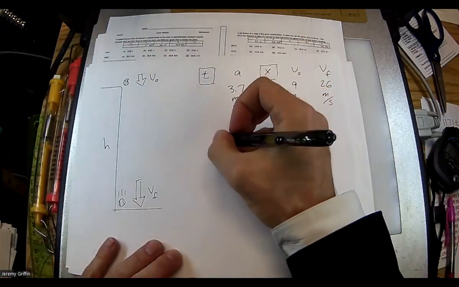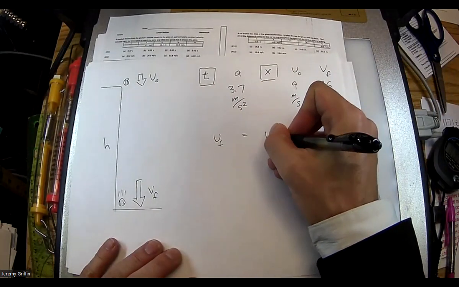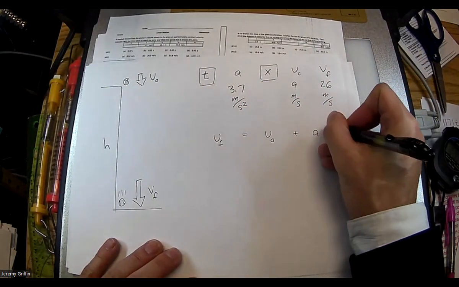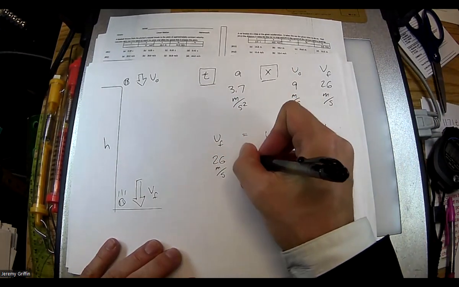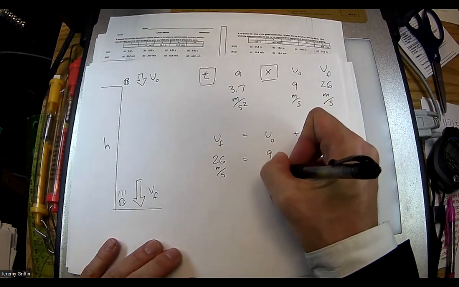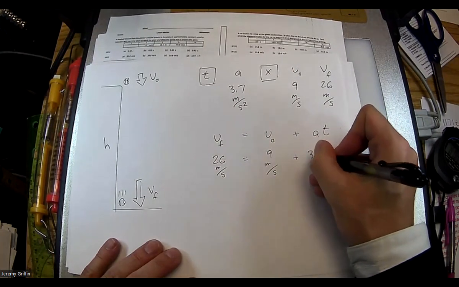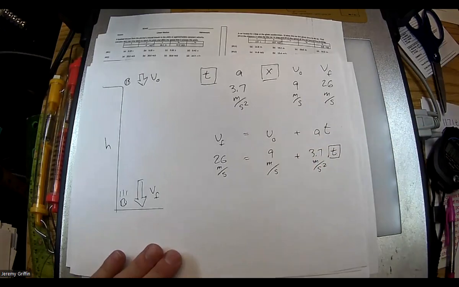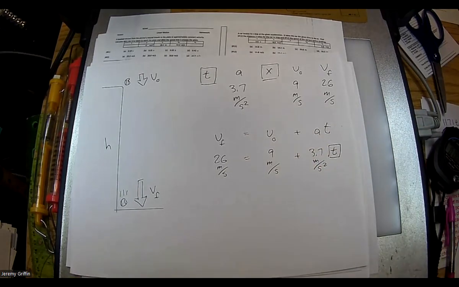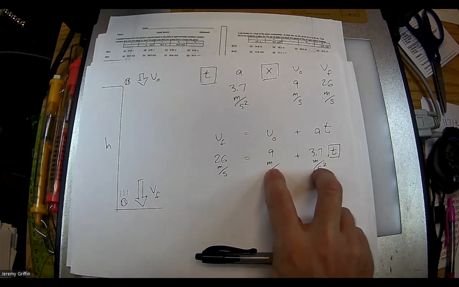Final velocity equals initial velocity plus, you can say at, you can say gt. We're going up to 26 meters per second from 9 meters per second, and we're picking up 3.7 meters per second per passing second for some amount of time. Oh, now it's an algebra problem. Subtract, divide.